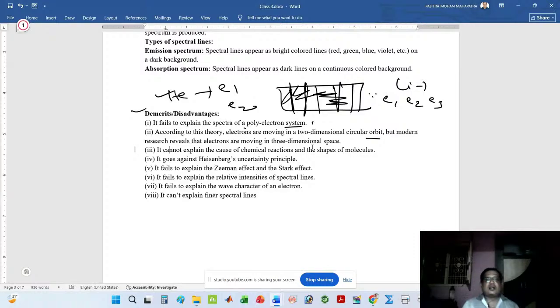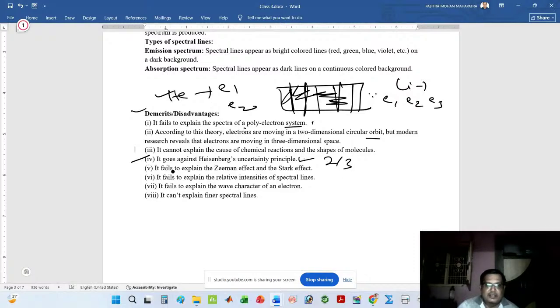So it is the third demerit of Bohr's atomic model. Next, move to the fourth. It goes against the Heisenberg uncertainty principle. In the upcoming class, I will clearly explain the Heisenberg uncertainty principle. It is a 2 or 3 mark question.